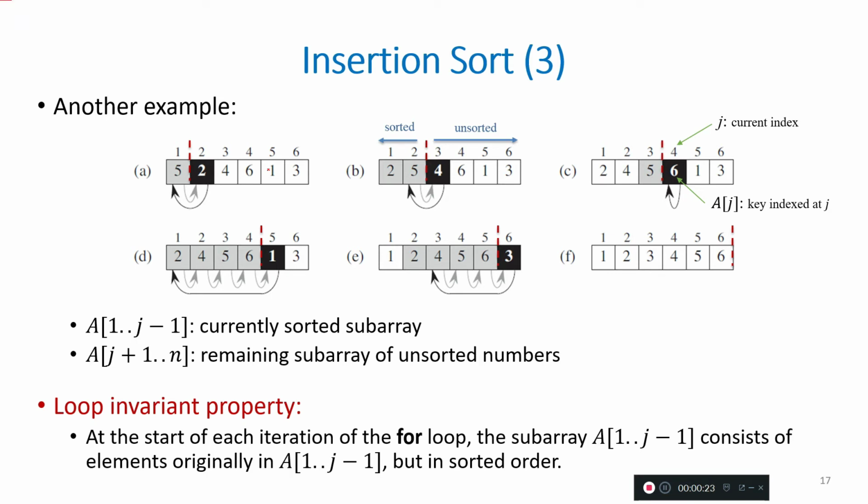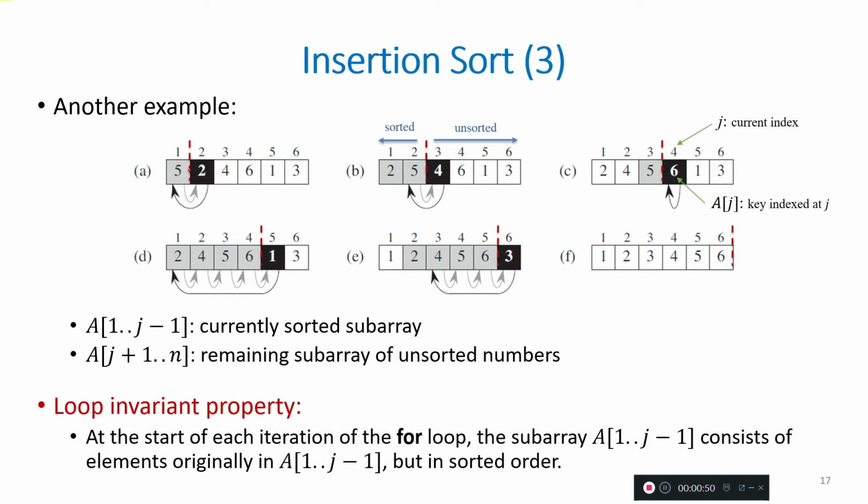So A1 has number 5, A2 has number 2, A3 has number 4, and so forth. Now, according to insertion sort, we begin with the second value, which is 2. This will be our new key, and we compare it with every value before it, to the left of it, until we find the right place.